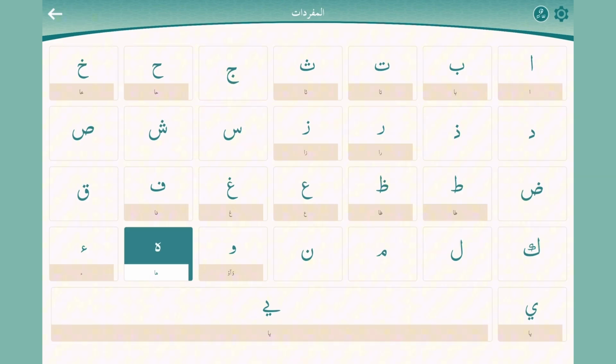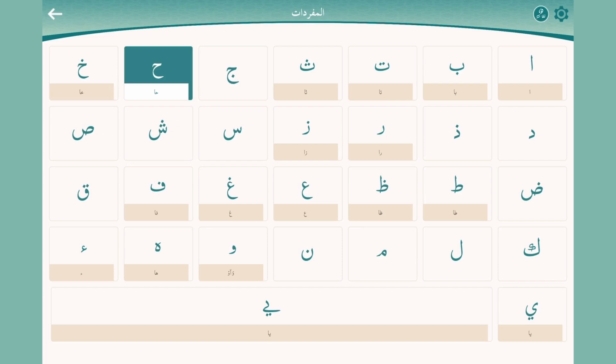Now, Ha and Ha, the most common one, they are not the same. Even when I was small, I used to make the same mistake. I used to say Ha, Ha. But it's not. This one comes from the bottom of your throat, from the deep lungs. And this one comes from the top, but it still comes from your throat.